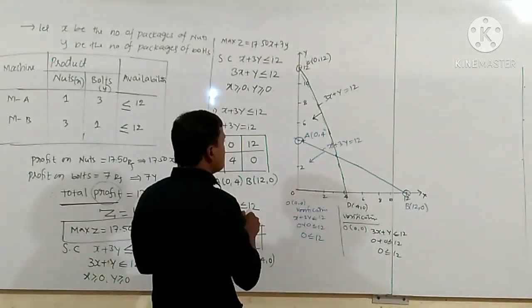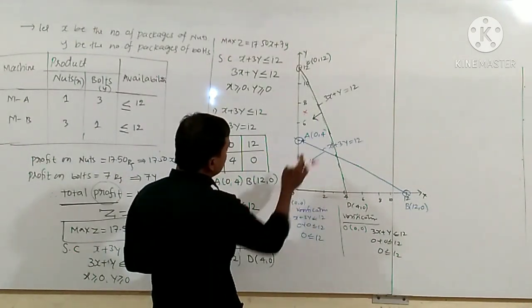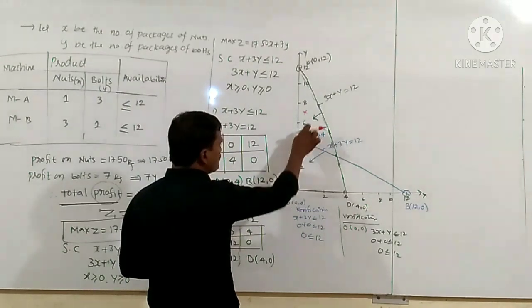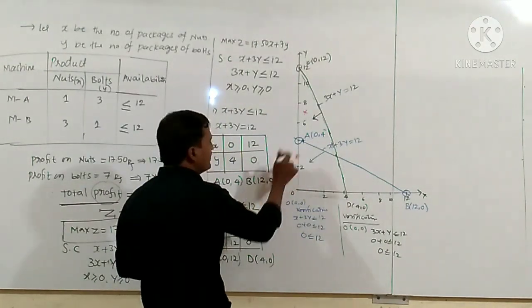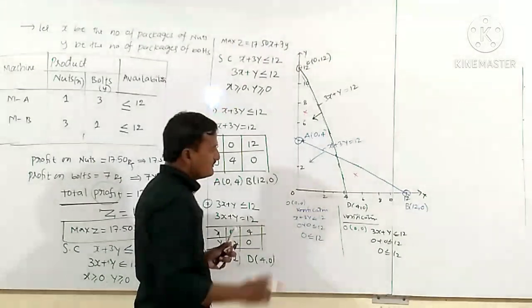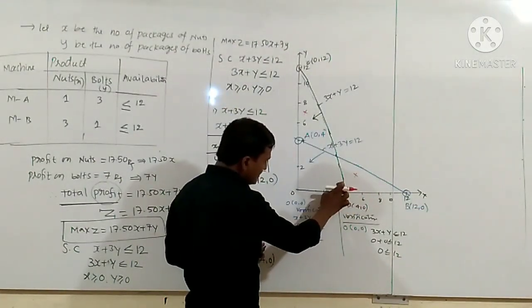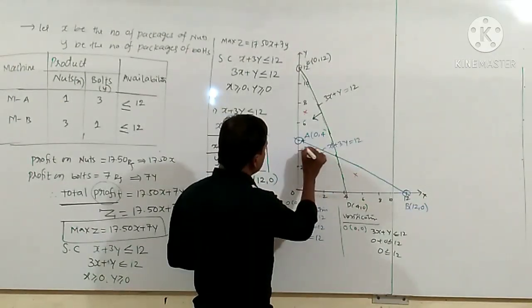It is not this one because it is not a common region: this line covers this region but this line does not. Again it is also not a common region, because this line covers this region but this line does not cover it. So clearly the feasible region is this one only.